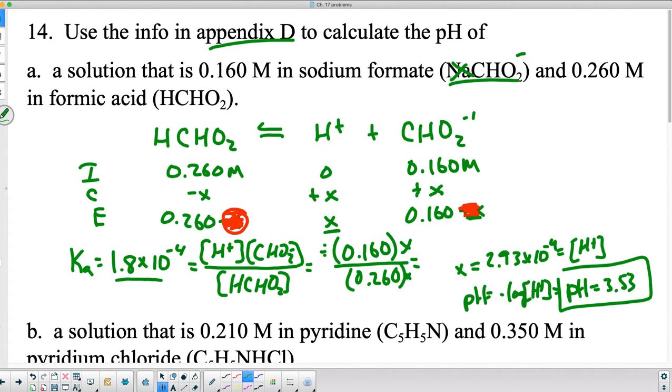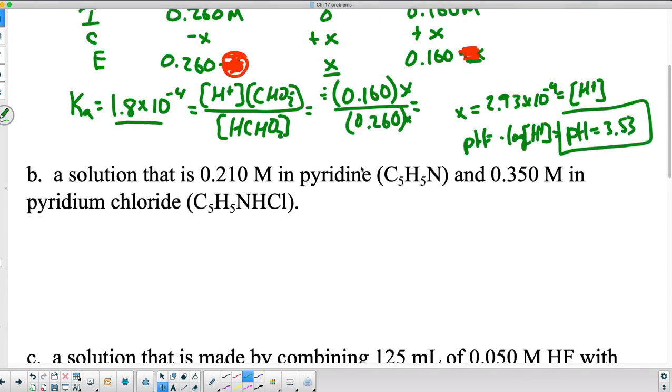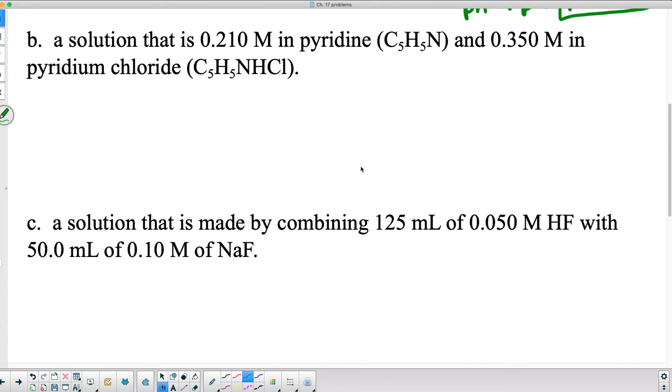I would like you to do the same thing for letter C, but we're going to scroll down and do letter B, and then you can handle the next one. That is not a lot of room. So here's my pyridine. Let's start on the left-hand side with my pyridine, C5H5N plus water.